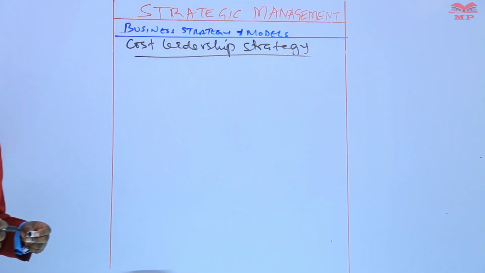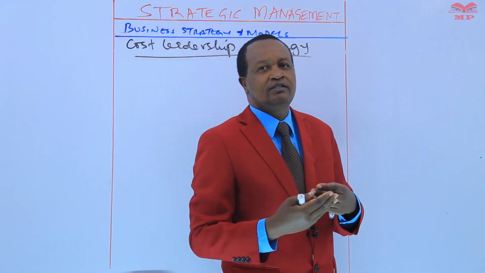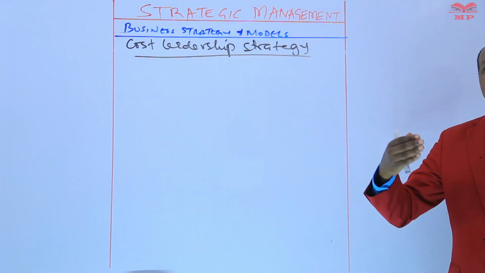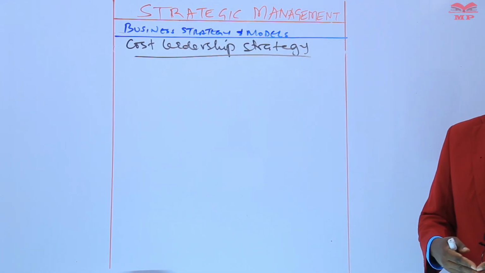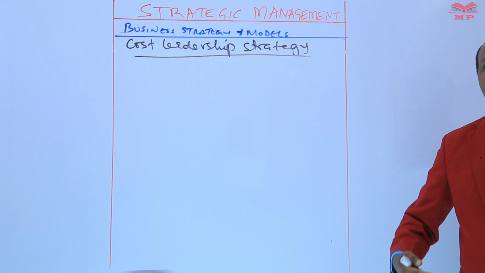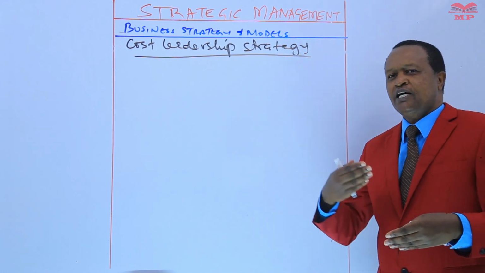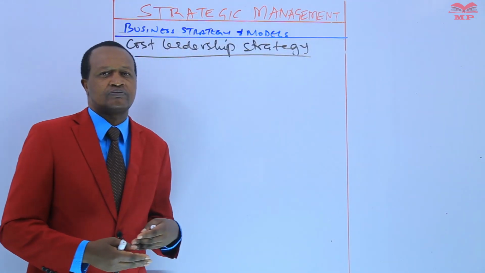Now, candidates, just as I've said, business strategies are the plans and actions that a company takes to achieve its long-term goals and objectives. And these strategies outline how a company will compete in the marketplace and generate sustainable competitive advantage.